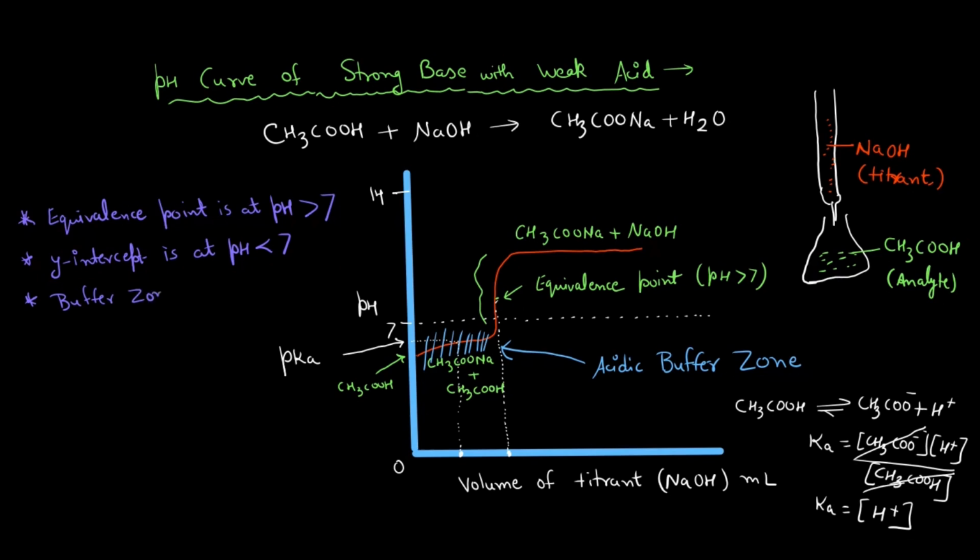Buffer zone is obtained at pH less than 7. We have the flattening of the curve at pH greater than 7. And we can obtain the pKa of acetic acid from this curve.